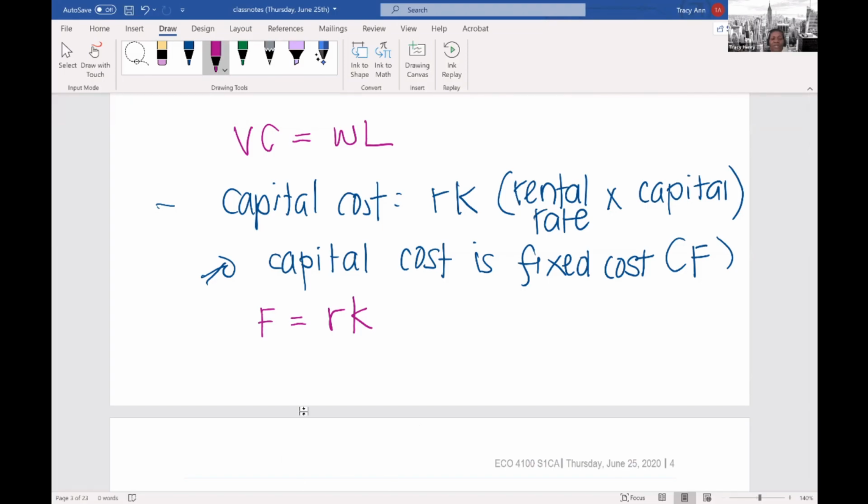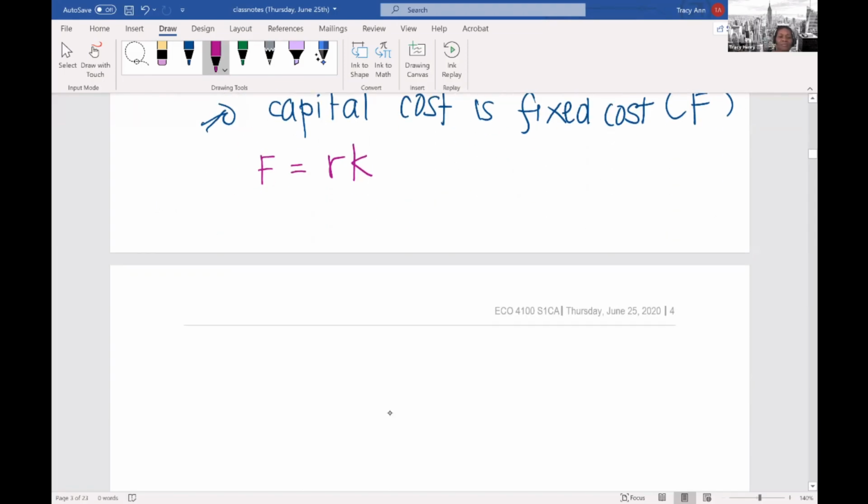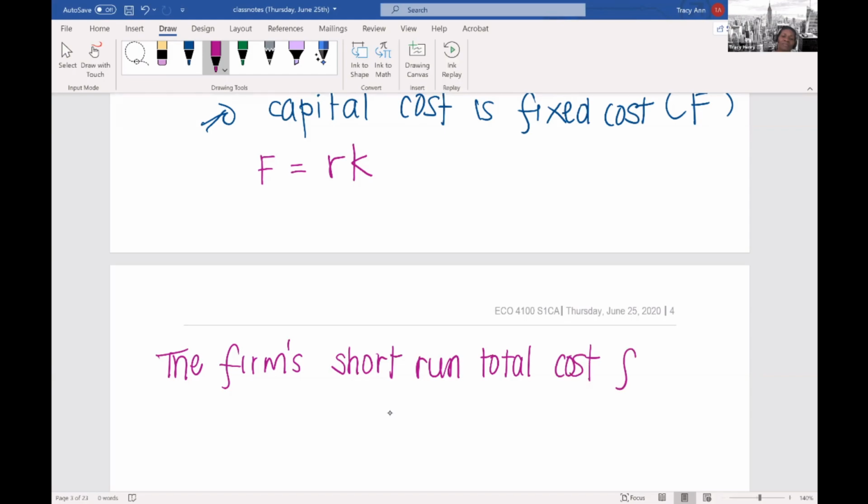So the firm's total cost function. I'm going to say C_SR, for short run, is equal to WL plus RK.